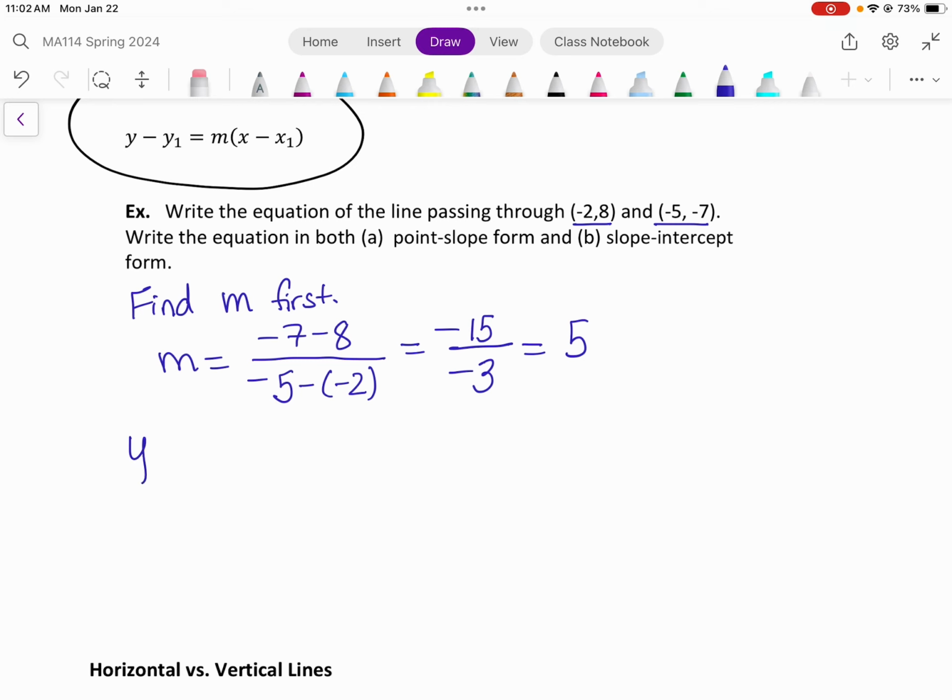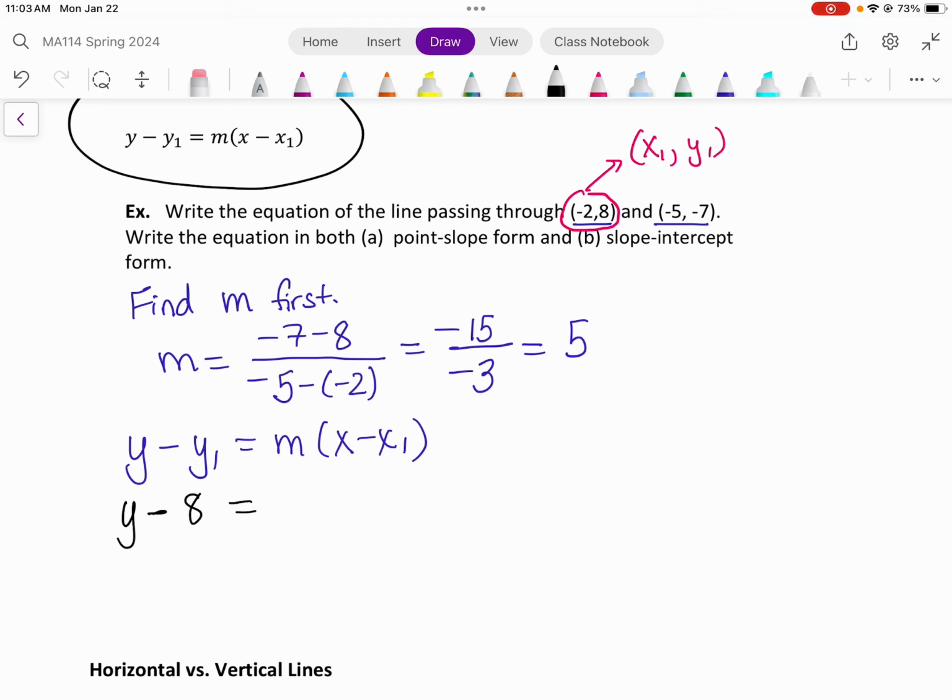Then we go to point slope. And I'm just going to let this first ordered pair be my x of 1, y of 1. I could choose either ordered pair, but I'm going to stick with the first one. So y stays y. Y of 1 is 8 from our ordered pair.